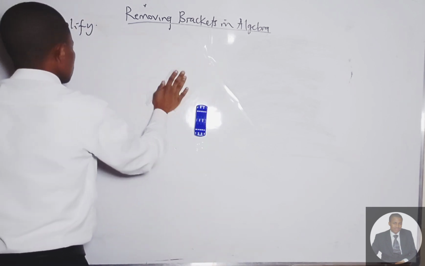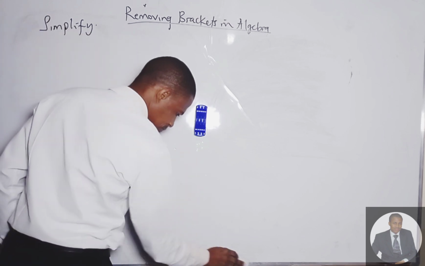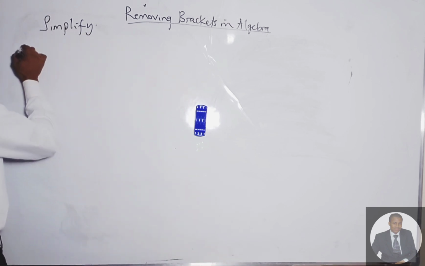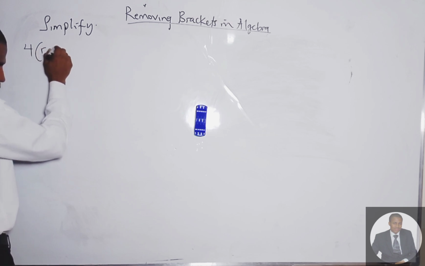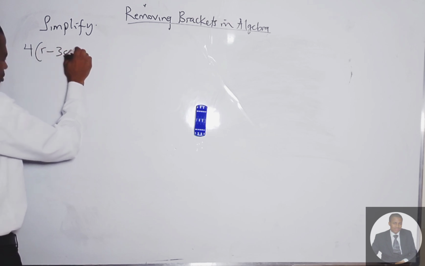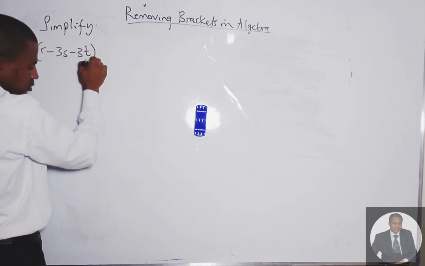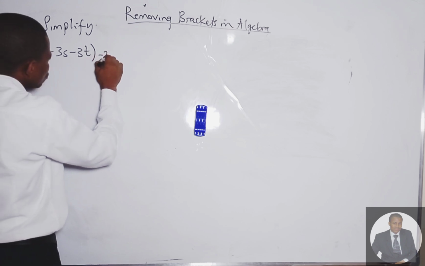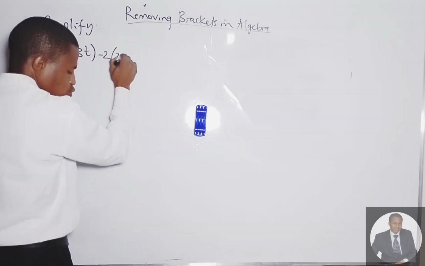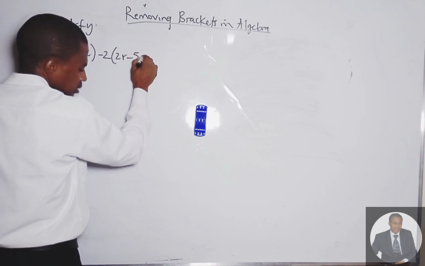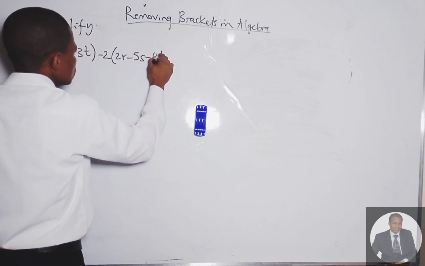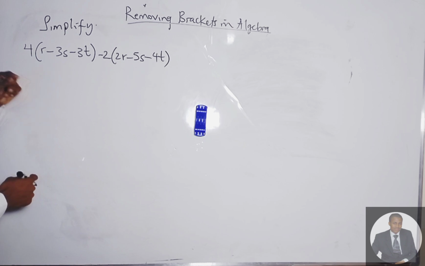Let's look at a Y question. It is 4 into bracket r minus 3x minus 3t, close bracket, minus 2 open bracket 2r minus 5s minus 4t, close bracket. So we multiply what is within the bracket by the number outside the bracket.